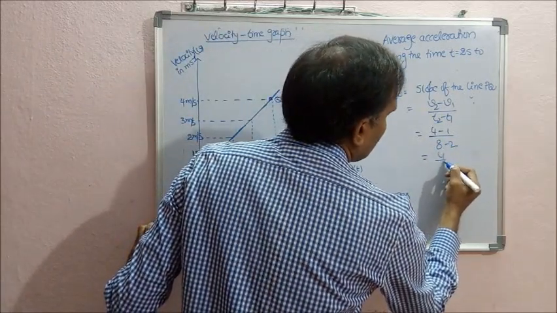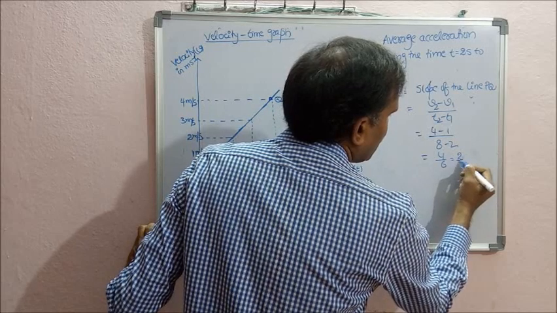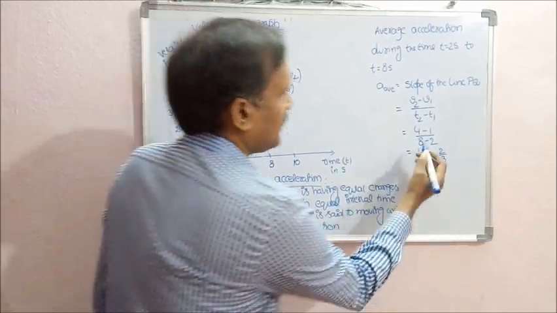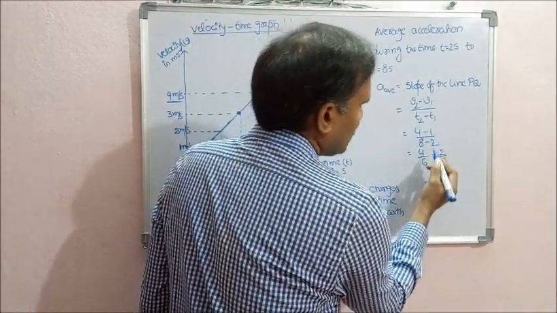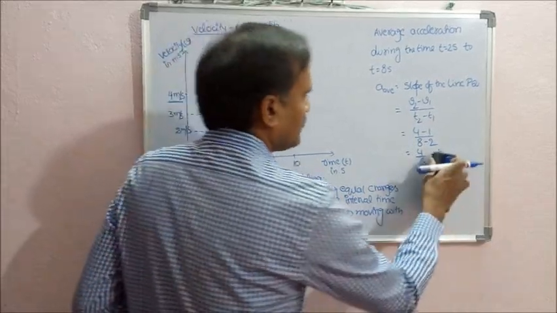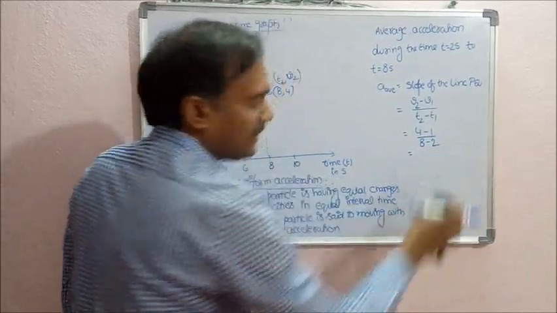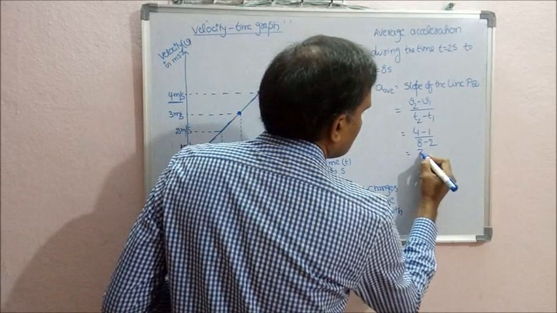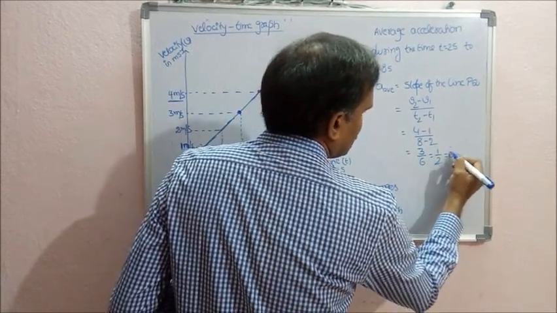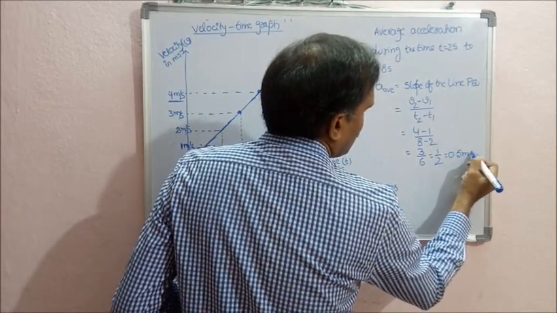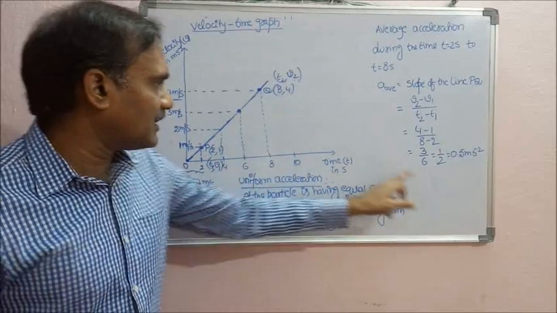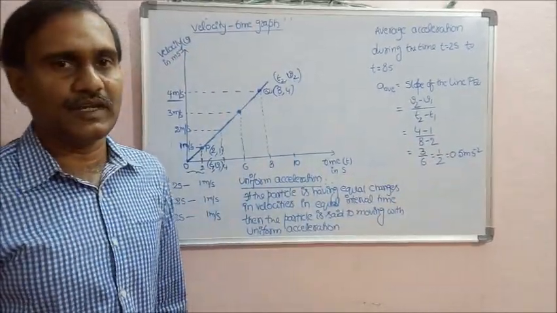Here 4 minus 1 is nothing but 3, so it is 3 by 6, which is equal to 1 by 2, or 0.5 meter per second square. Average acceleration here is 0.5 meter per second square.